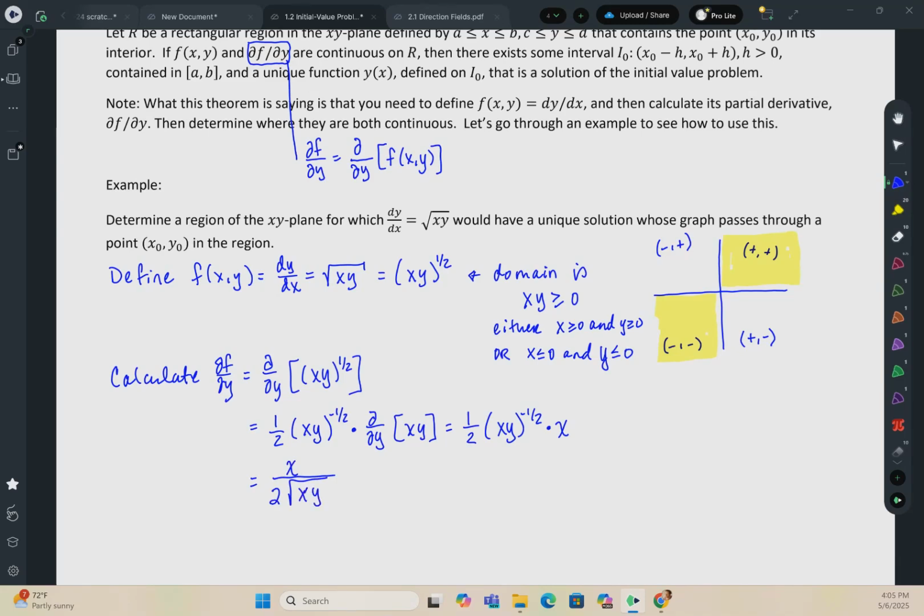Okay, now this could simplify just a little bit more because I have an x on top and I have a square root of x on the bottom, and I have multiplication and division all throughout, no pluses, no minuses. And so I could simplify this to be 1/2 times square root of x over square root of y.